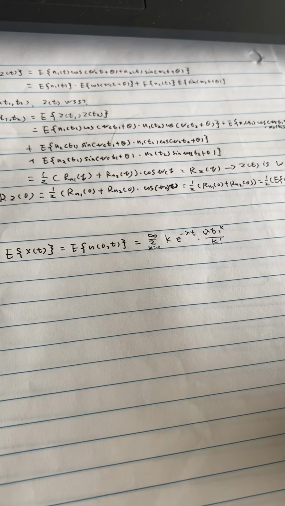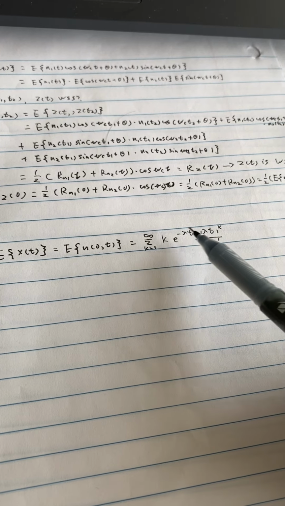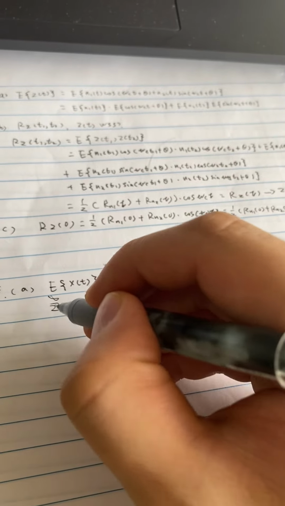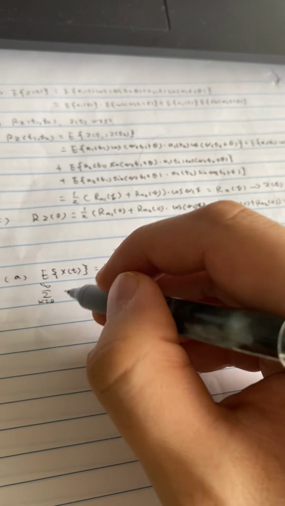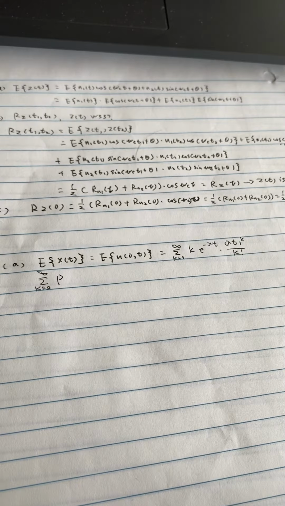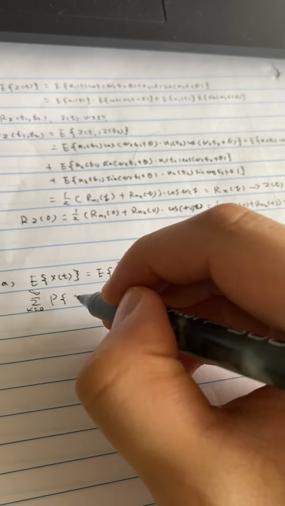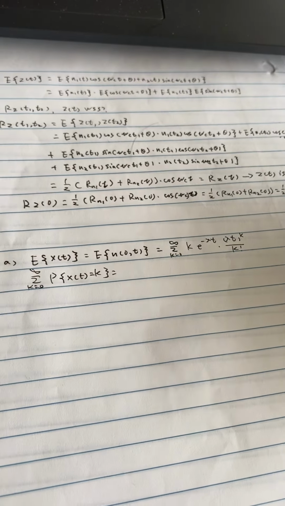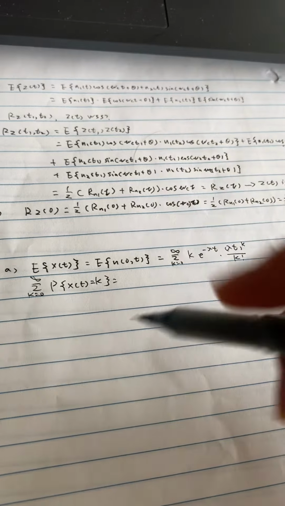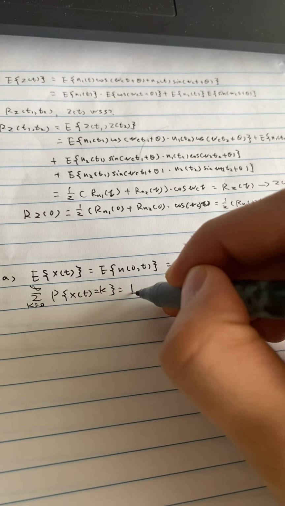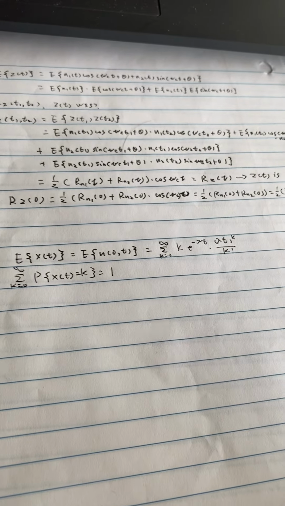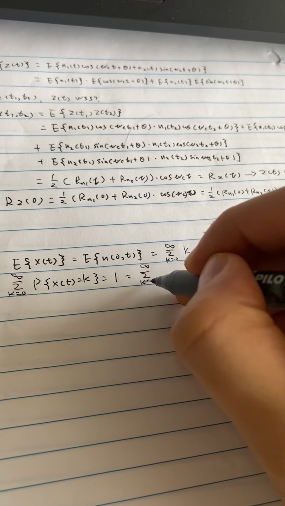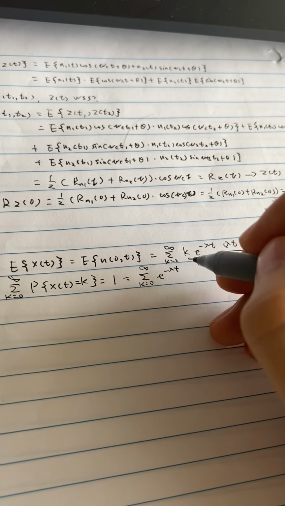Okay, in order to calculate this, we can start with the definition of a discrete distribution. We know that this must be 1. This is the definition of a discrete distribution, and it is equal to this, right?